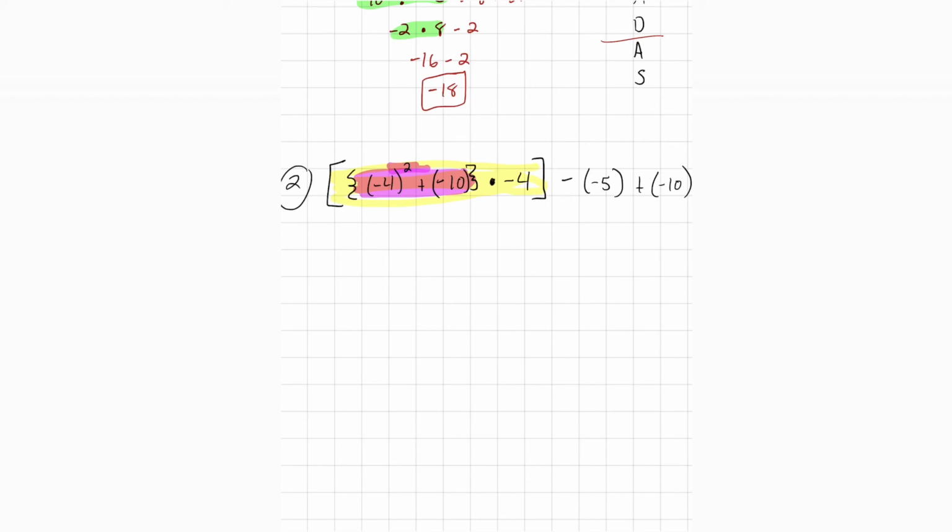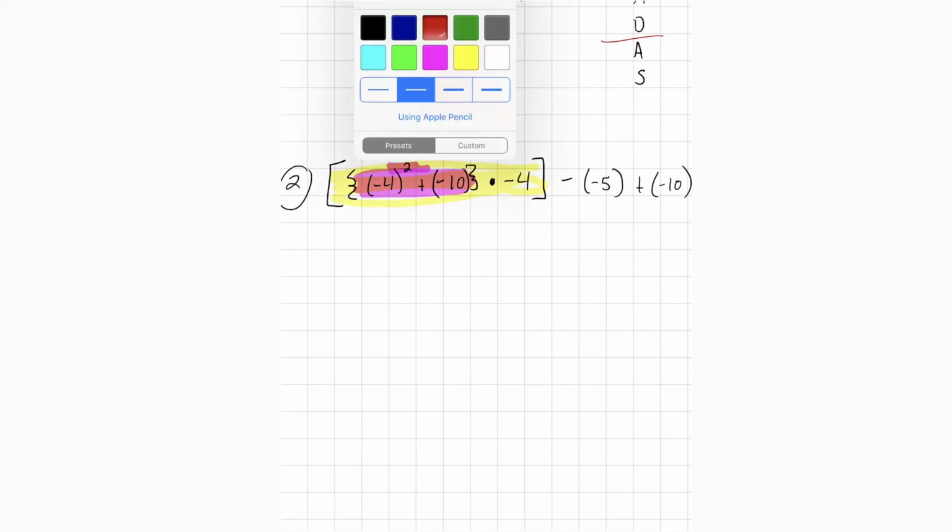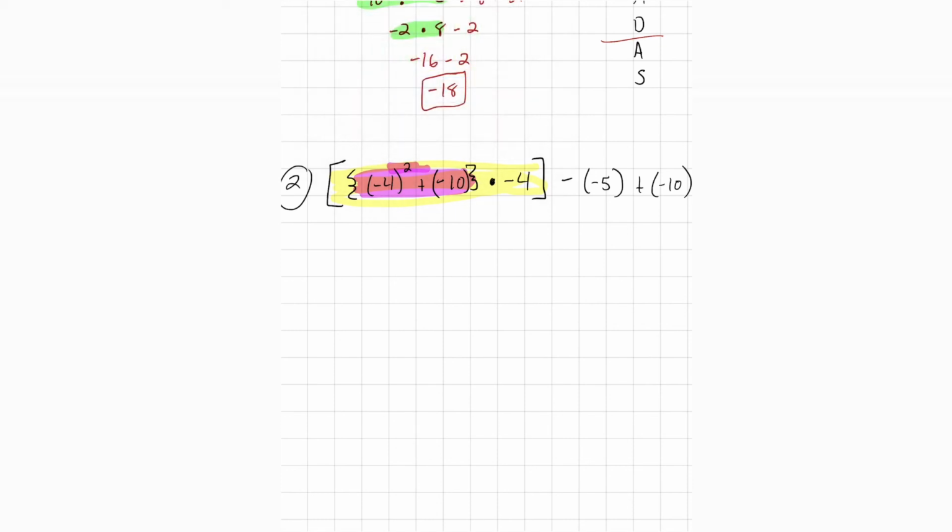So negative 4 squared is negative 4 times negative 4, which is positive 16. And then we have 16 plus negative 10, right? That is the same thing as just saying 16 minus 10, which is 6. So we've simplified the inner parentheses down to 6.